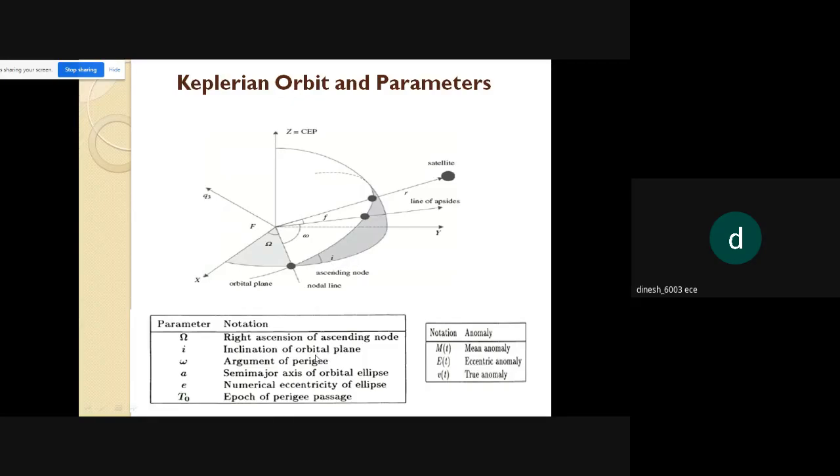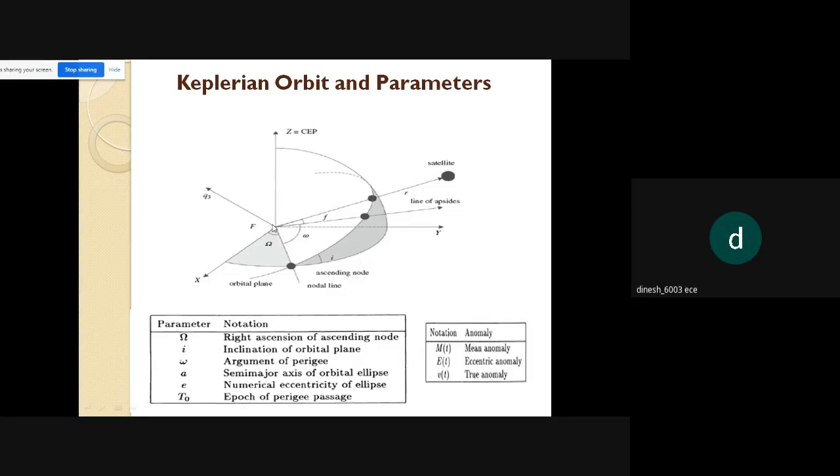Another one is the argument of perigee, I'll tell you what this is. Then the semi-major axis of the orbital ellipse, a; the numerical eccentricity of the ellipse, e; and the time of perigee passage, t naught. All these are the 6 main parameters, 6 Keplerian parameters that are to be satisfied by any satellite.